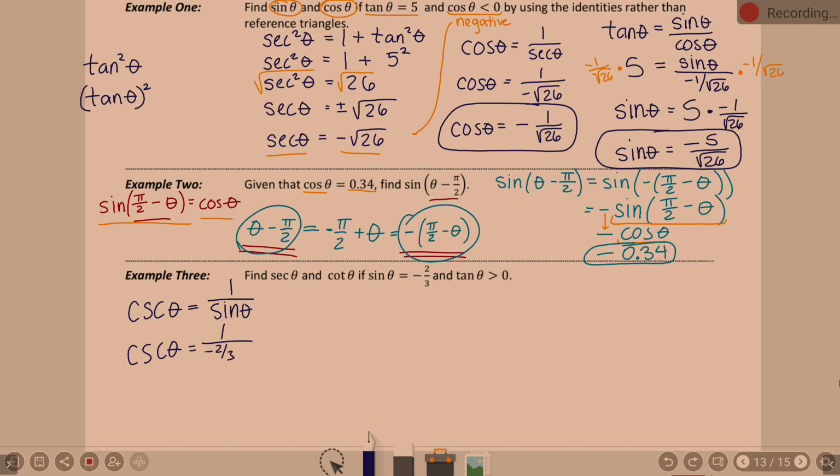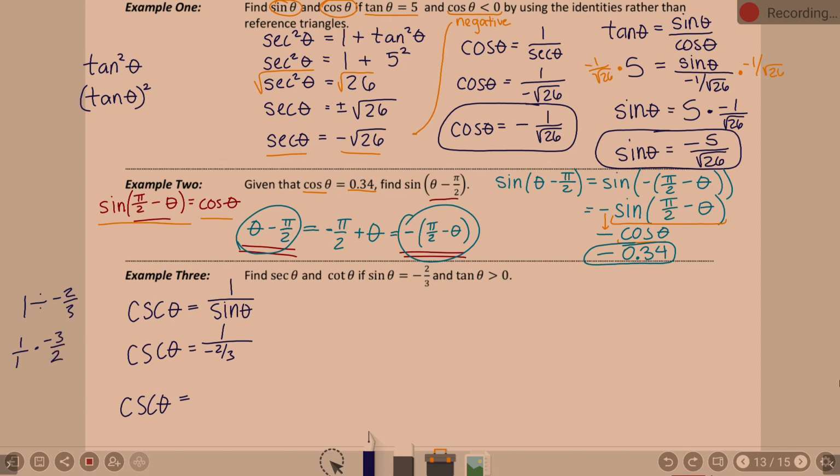Negative 2/3. What is 1 divided by negative 2/3? Okay. 1 divided by negative 2/3 becomes 1 times what?